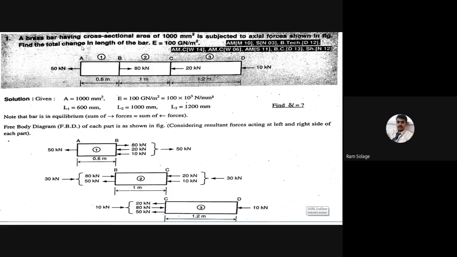Write down the problem statement: A brass bar having a cross section area of 1000 mm square is subjected to axial forces as shown in the figure.